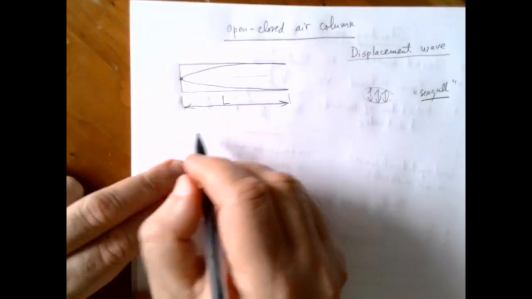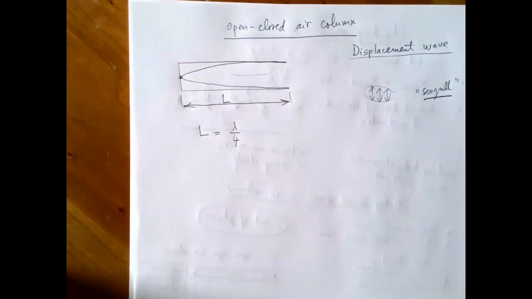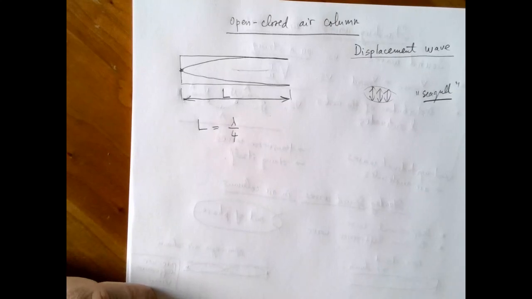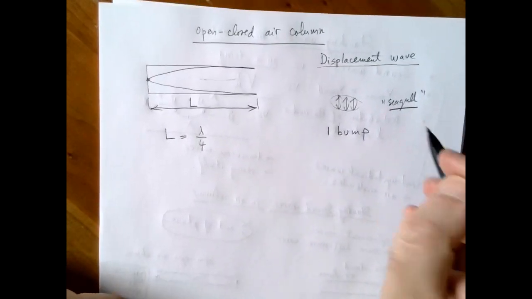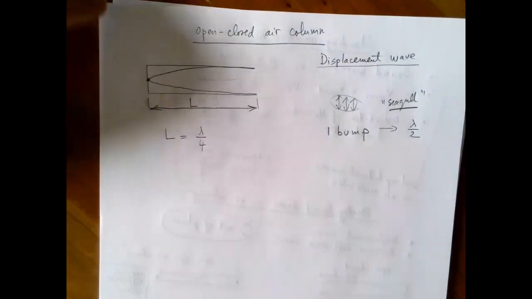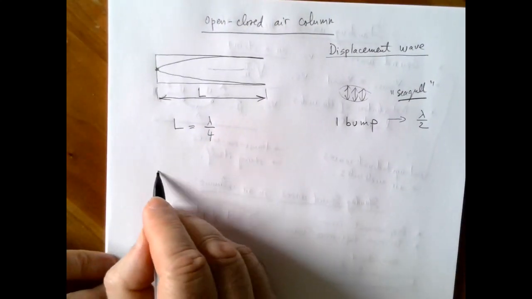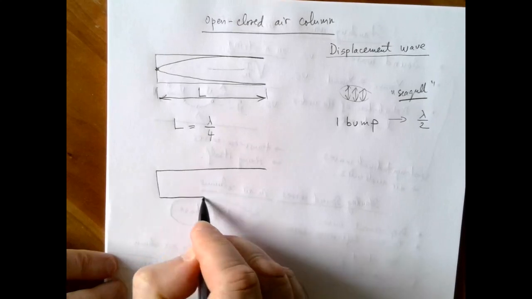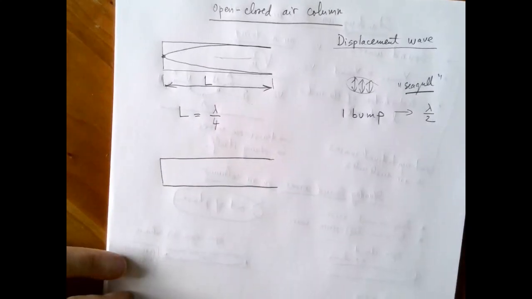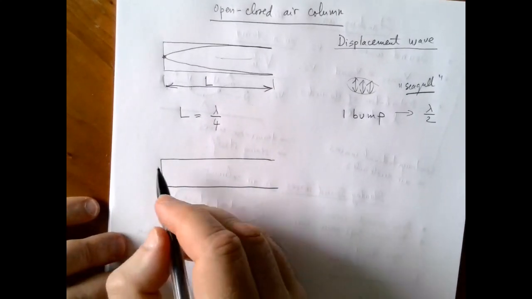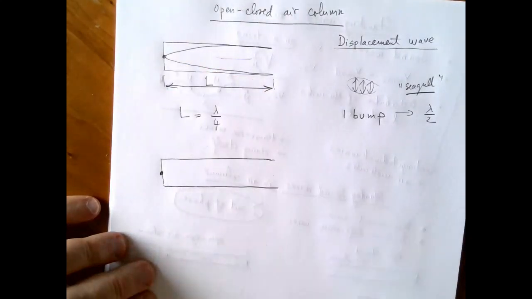So now if I look at this picture, I recognize that what I see here is a quarter of a wavelength. It's that big story that we agreed upon, that one bump corresponds to half a wavelength. So here clearly I have a quarter of a bump. Now if I want to go to the next harmonic, we'll see that shortly, although we are familiar with the term, I have to maintain the condition of having a node here and an antinode here.